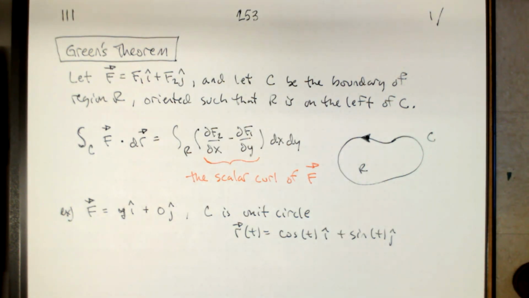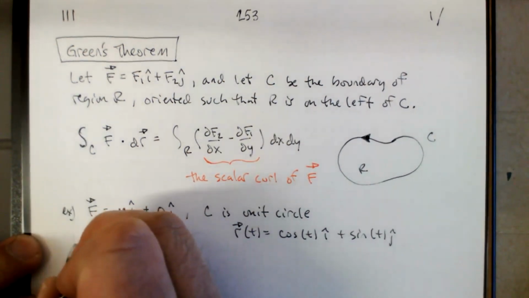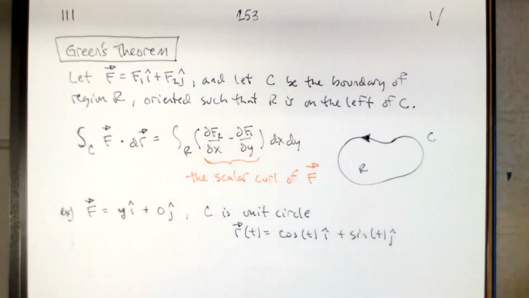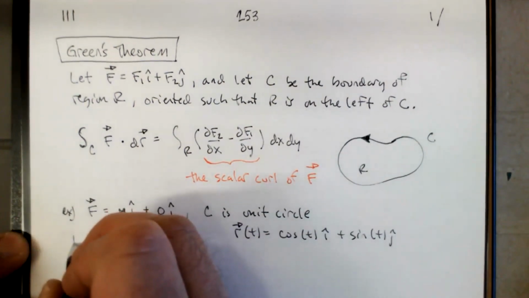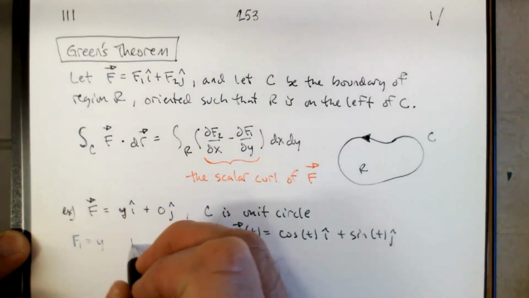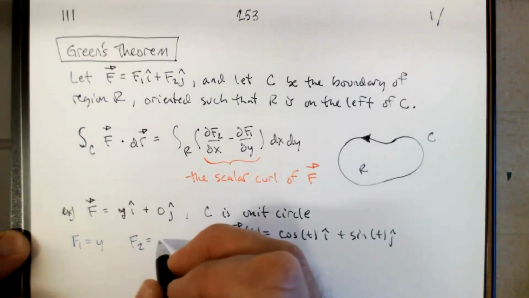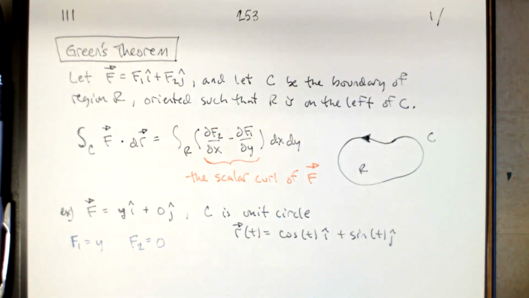So what we've set up here, if we relate this to what we see in Green's theorem, F1 is just y and F2 is equal to 0. So those are our two coefficient functions. F1 is y, F2 is 0.